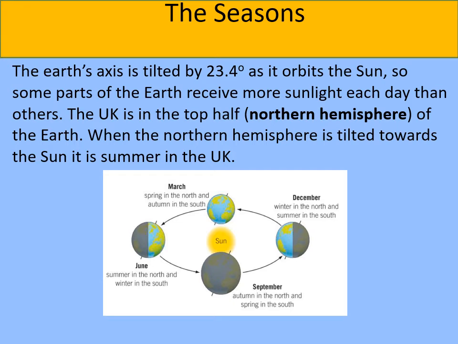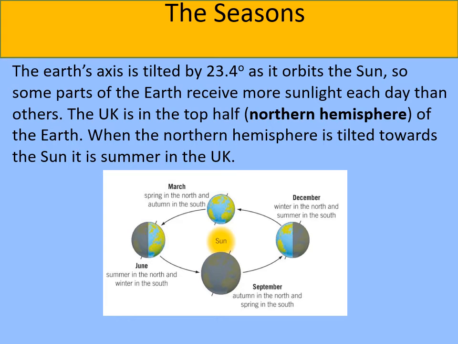At a certain time of the year during the Earth's orbit around the sun, the northern hemisphere leans towards the sun, and that happens in about June, as you can see from this diagram. At the same time, the southern hemisphere will be leaning away from the sun.